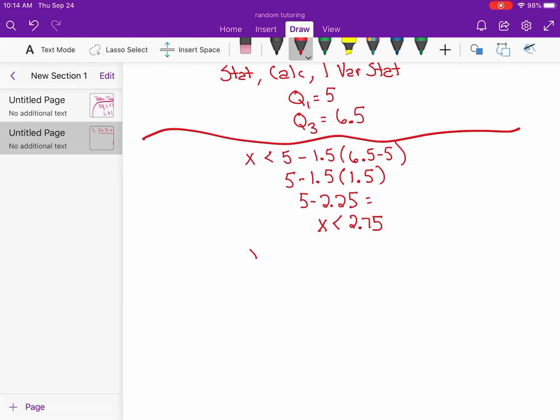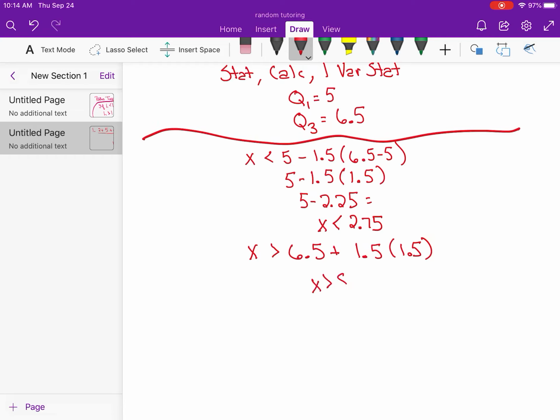But for the bigger part, you'd have to do x must be greater than 6.5 plus 1.5 times the interquartile range, which is 1.5. So then you would have 2.25 plus 6.5, and to give you the exact number, you would get 8.75.